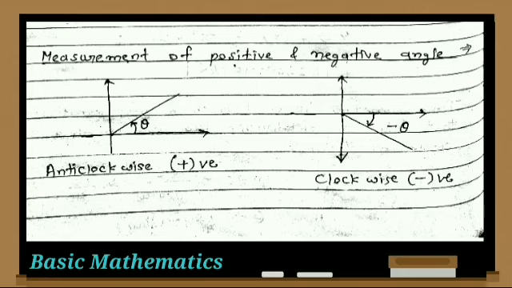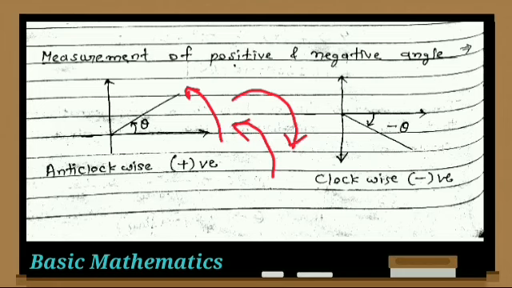In this figure, there is an angle moving in the anti-clockwise direction and we take it as positive. How does your clock move? The clock moves one way, but we have to move in the opposite direction, and this direction is called anti-clockwise, and we take positive angle in this direction.